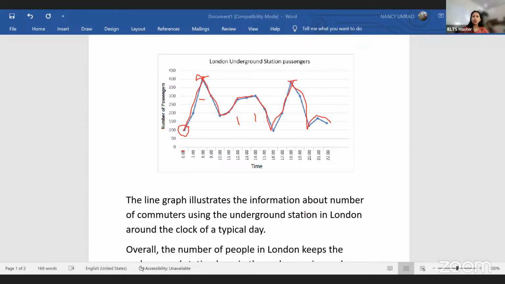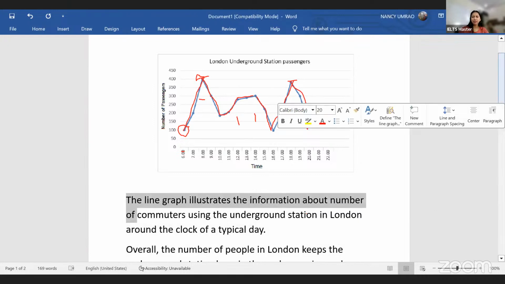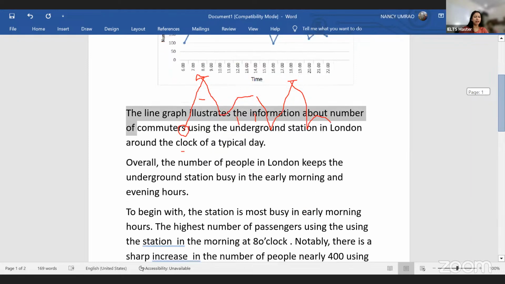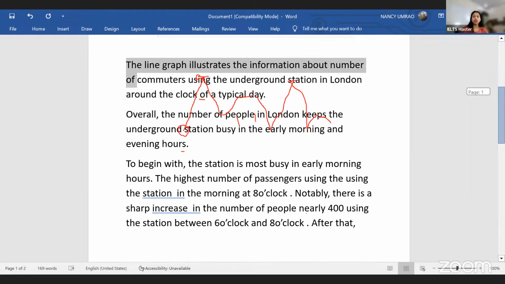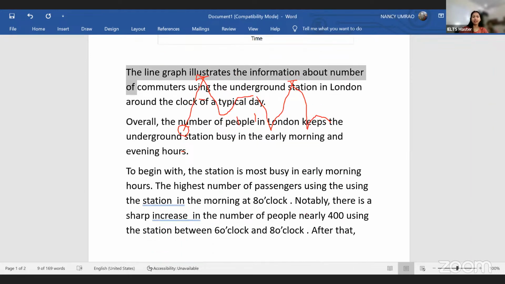Okay. So when I was writing, I was making sure that I have to follow each and every pattern. I have to follow the structure. I have to start with the introduction. Then I have to write the overall. In the introduction, this is called the phrase: the line graph illustrates the information about.